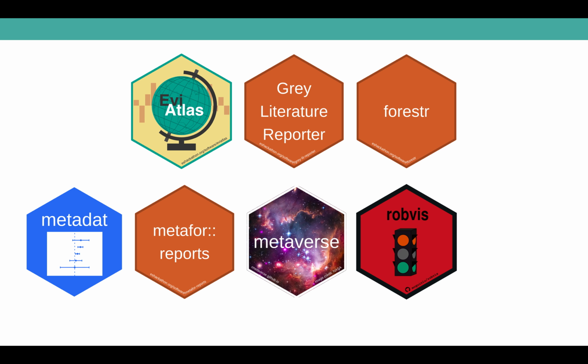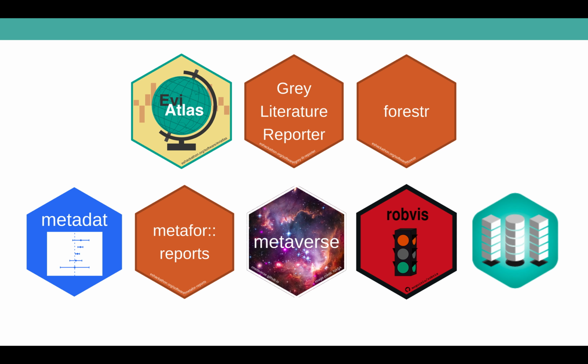There's also a tool that Luke McGuinness from Bristol University has produced at one of the hackathons called RobVis, and this is a package for visualizing risk of bias scoring or processes within a systematic review.